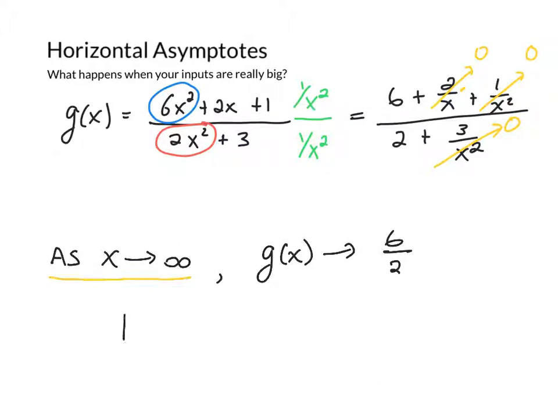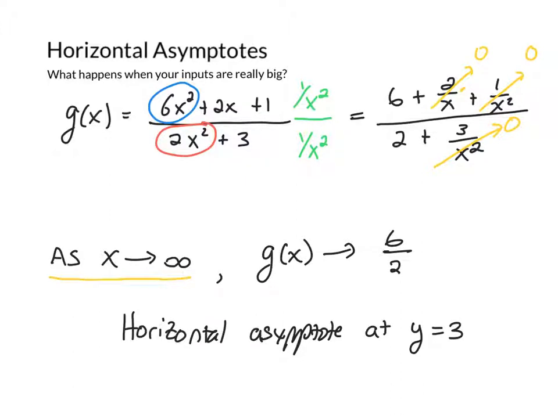So we would say that we have a horizontal asymptote at y equals 3. Okay, so 6 and 2 weren't particularly important here. They're just the leading coefficients for the polynomials. Right?